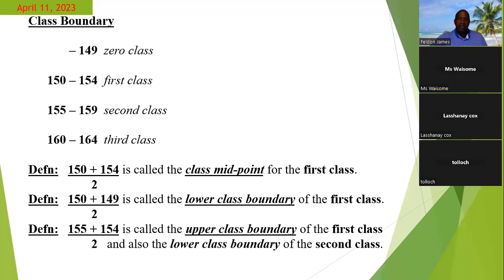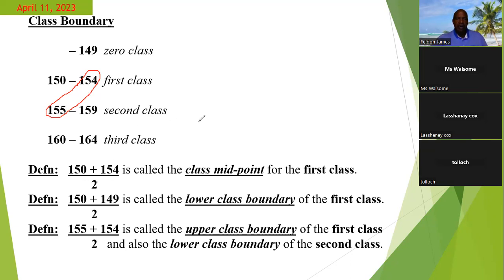So for the first class, it has an upper limit of 154. The second class has a lower limit of 155. These two classes are next to each other in terms of the fencing or the border. So how do we find the boundary? We add these two numbers and divide by 2.